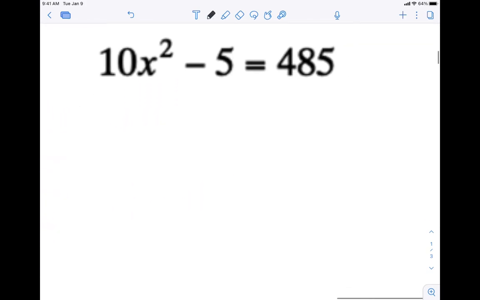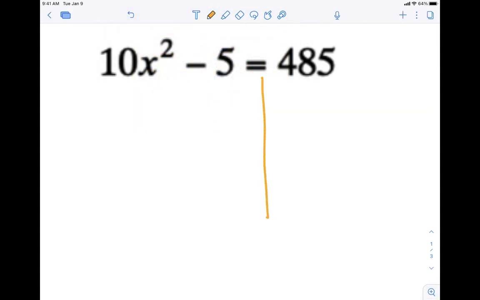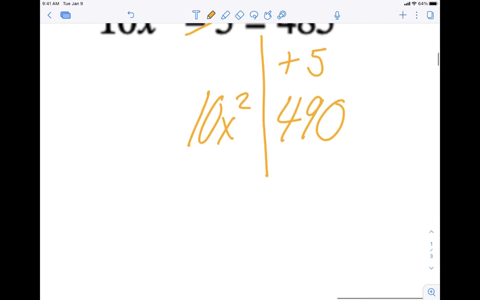Same. Let us draw our line of separation here. Change colors. Opposite of minus 5 is plus 5. I get 10x squared. 485 plus 5 is 490. The opposite of multiplying by 10 is dividing by 10.